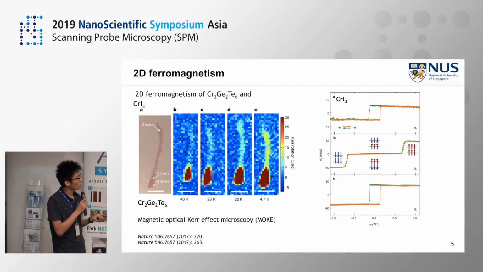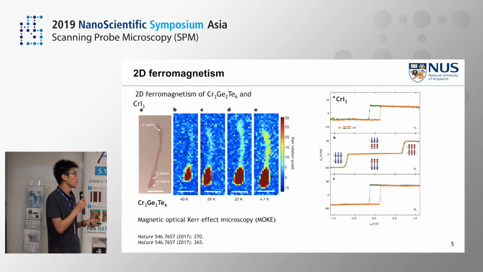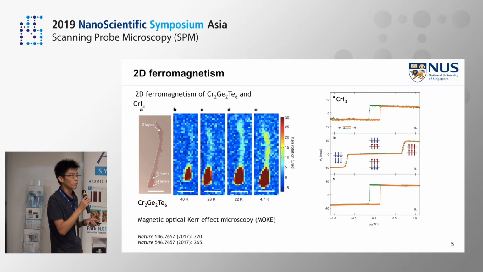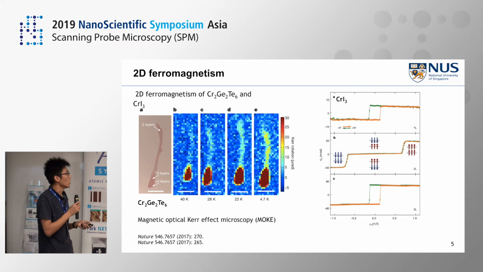And I'm going to talk about 2D ferromagnetism. The 2D ferromagnetic materials were just found 2 years ago, in 2017. Two research groups, from Professor Xu Xiaodong and Professor Zhang Xiang, found these two kinds of ferromagnetic materials, CrGeTe3 and CrI3.